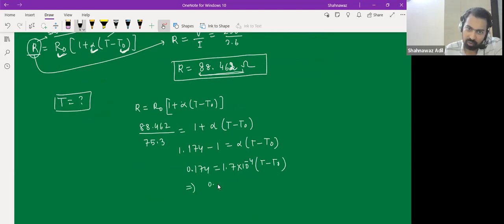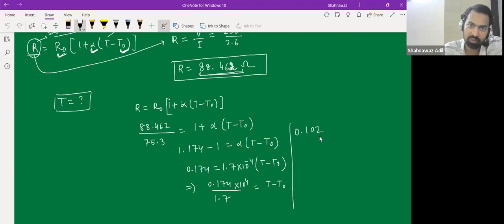So 0.174 divided by 1.7 into 10 to the power minus 4 is 0.102 into 10 to the power 4, which is 1023.